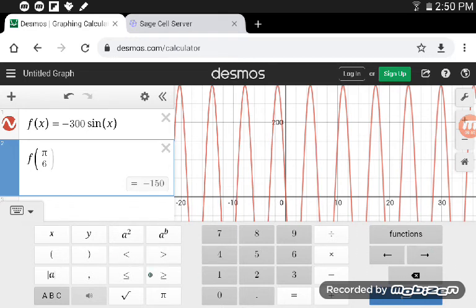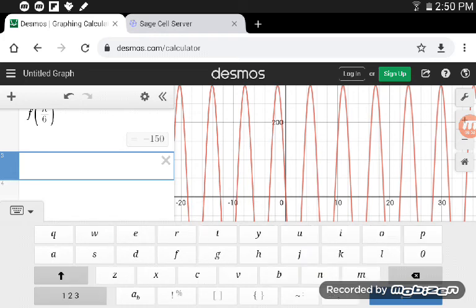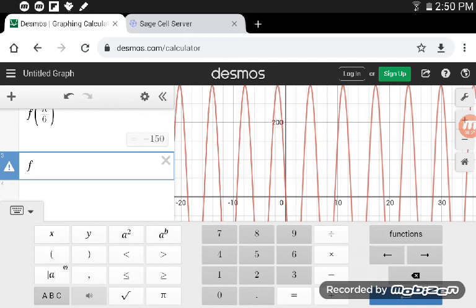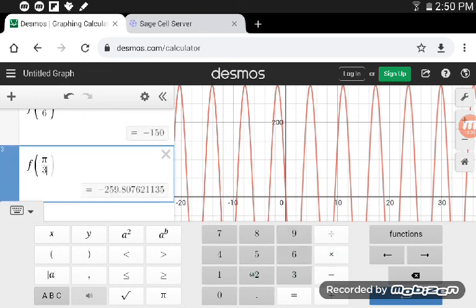And then for 60 degrees, I can do the same sort of thing, f of pi over 3, so pi divided by 3, and that is minus 259.8. Okay, well, there we go. Those are our values for our derivative, and that's 42 A, B, C, and D.